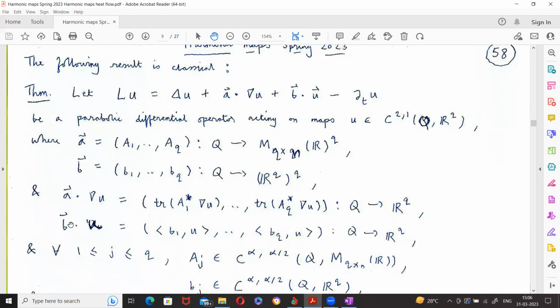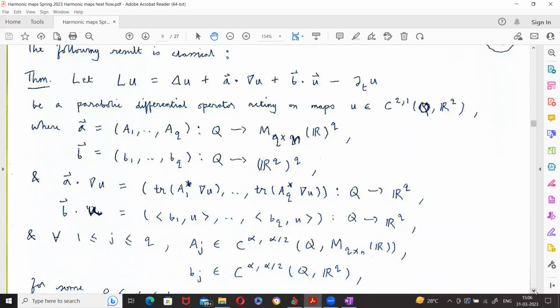And similarly, B dot u. B is given by a map from the manifold Q into a tuple of vectors. So B1 is a vector in RQ up to BQ is also a vector in RQ. And this B dot u is the vector in RQ whose coordinates are inner product B1 u up to inner product BQ u. Okay.